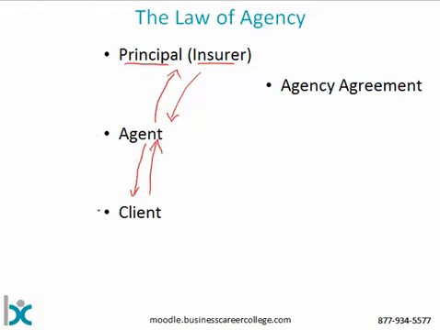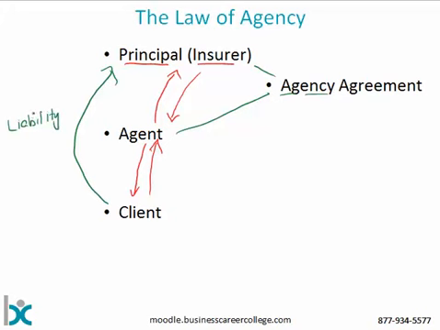But for legal purposes, as long as the agent is following the agency agreement that they have with the insurer, so the insurer will sign a contract with the agent that describes how this business works, as long as the agent is doing what's in their agency agreement, then any liability around claims or the actual insurance process will flow from the client to the insurer. This would be issues around things like claims and actual insurance contracts and so forth.